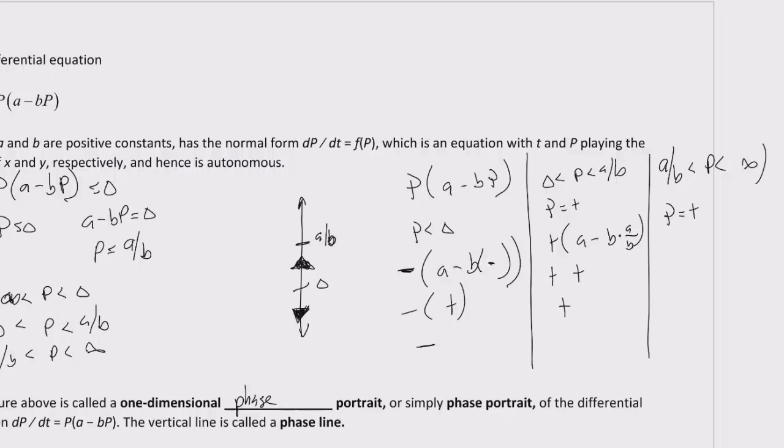And I know a over b is smaller. So in that factored form, I've got a positive thing, and when I have a minus b times something that's greater than a over b, that means this particular expression is going to be negative. I end up with something positive times something negative. So that tells me in this particular case it's going to be decreasing.